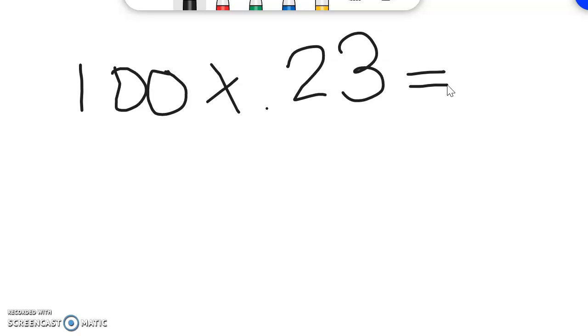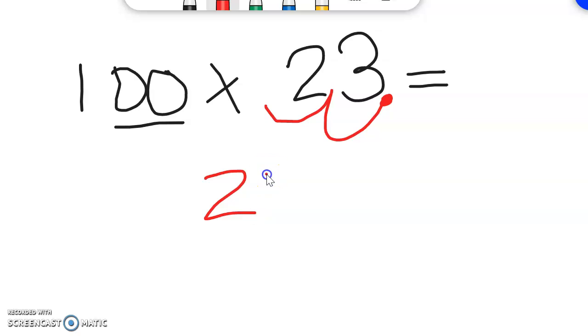So the first thing that I want to do is count the number of zeros. And I see that I have 2 zeros right here. So now I know that I'm going to move my decimal point 2 places to the right. So that's 1, 2. Okay. So now my final answer or product is $23.